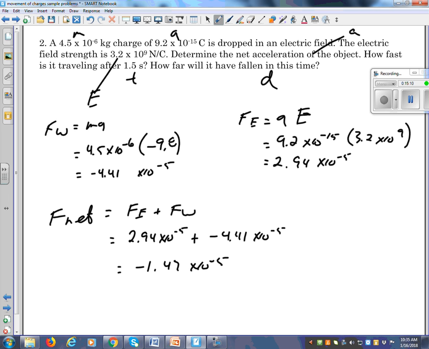Okay, so that's the net force, but we got to find the acceleration. If that net force is negative, that means it's going to go which way? It's going to be going down, right? So F net is equal to ma. The acceleration is going to have to be less than 9.8, right?